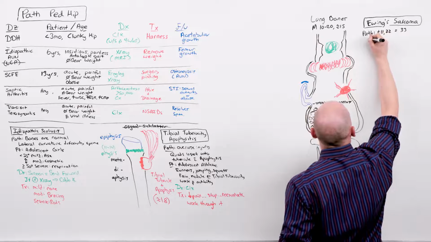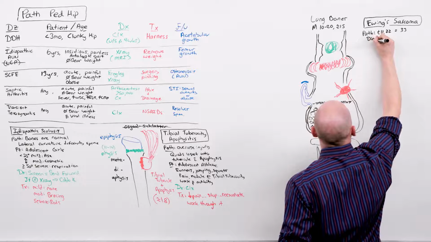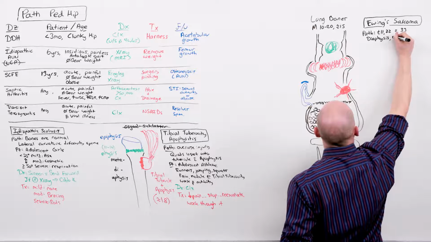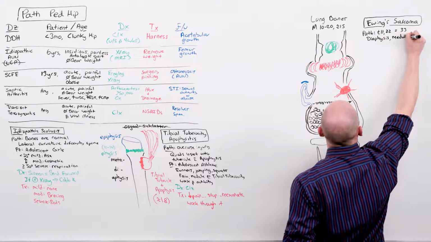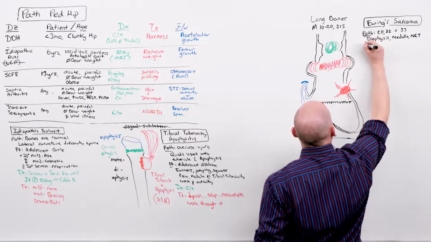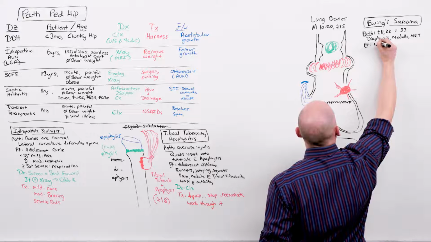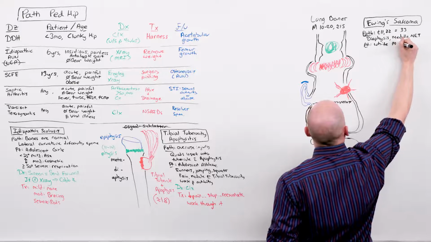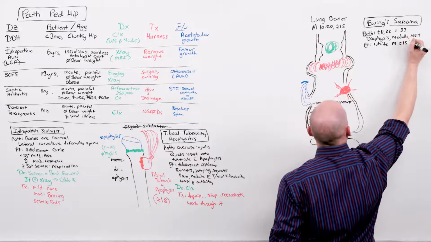It is the bone tumor that will appear in the diaphysis, originating from the medulla, and it is a neuroendocrine tumor. The demographic: white males, about 15 years old.